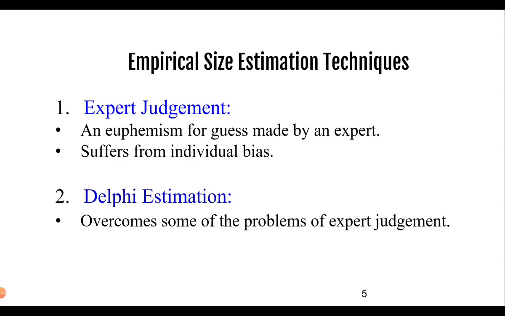So size estimation can be done in various ways. The first one was empirical size estimation, and in empirical techniques, generally an educated guess based on experience is considered for implementation of the project plan.